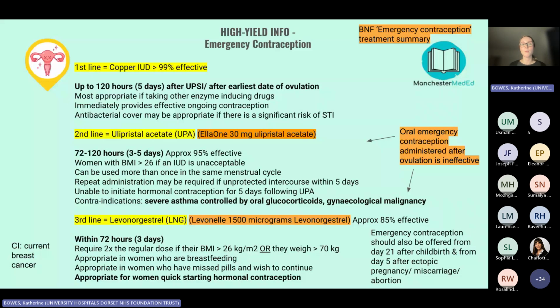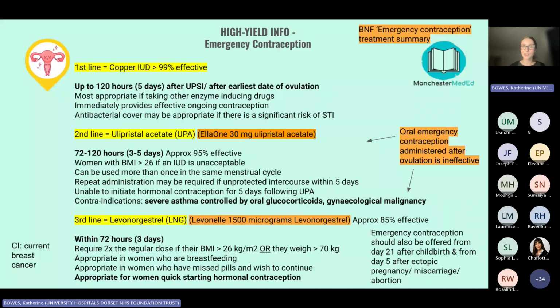I'd say the copper IUD is really more appropriate, especially if a woman is taking enzyme-inducing drugs, so any drugs that might interact with hormonal contraception in any way, and I do have a slide on this later on. The benefit of this one as well is that you're going to be provided with ongoing contraception from the moment that IUD is fitted. So that can be preferable for some women.